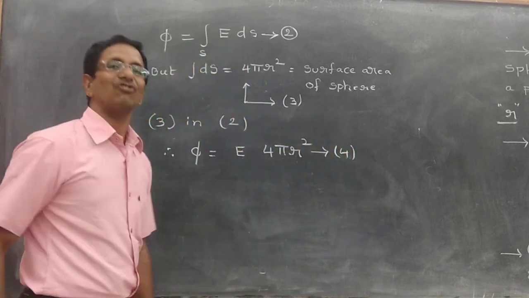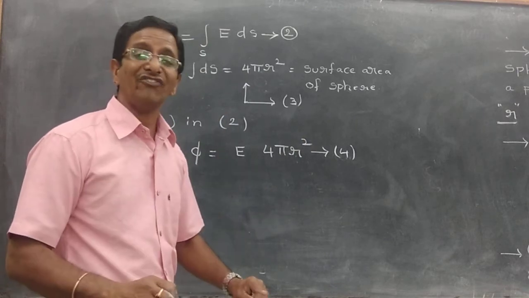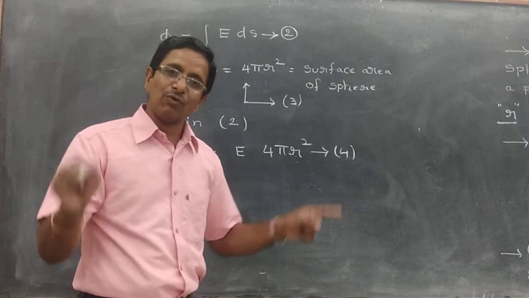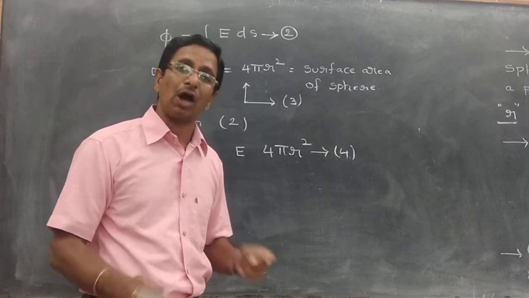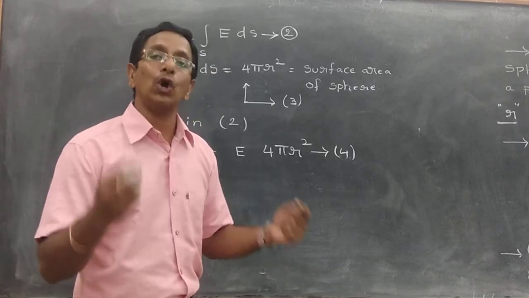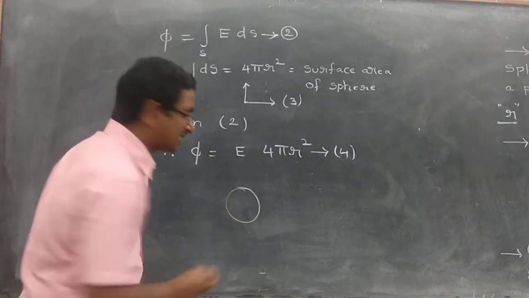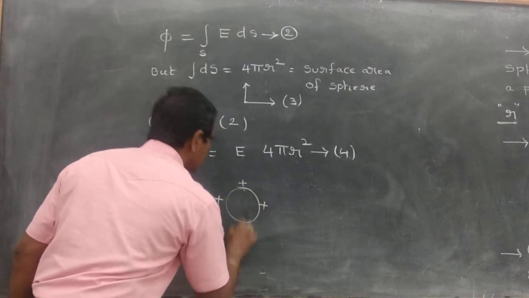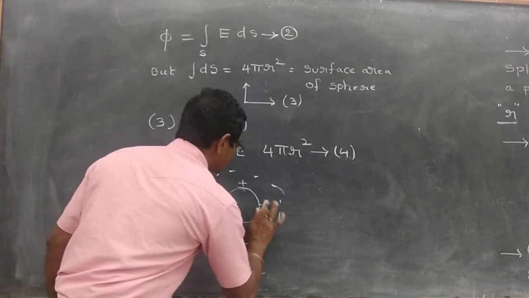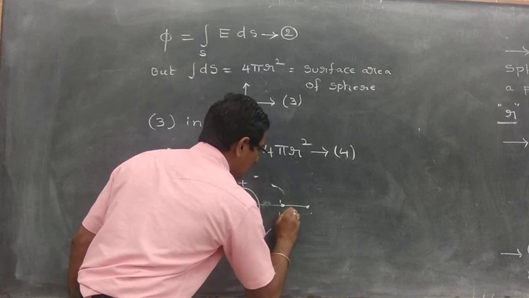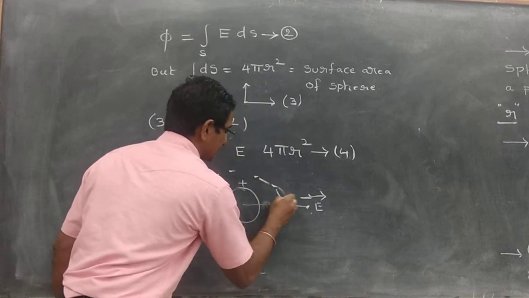Equation number 4. But according to Gauss theorem, the total electric flux crossing over a closed surface is equal to 1 by epsilon naught times the charge enclosed by it. What is the meaning of that? It is a spherical surface, a Gaussian surface, with point P. This is the electric field.